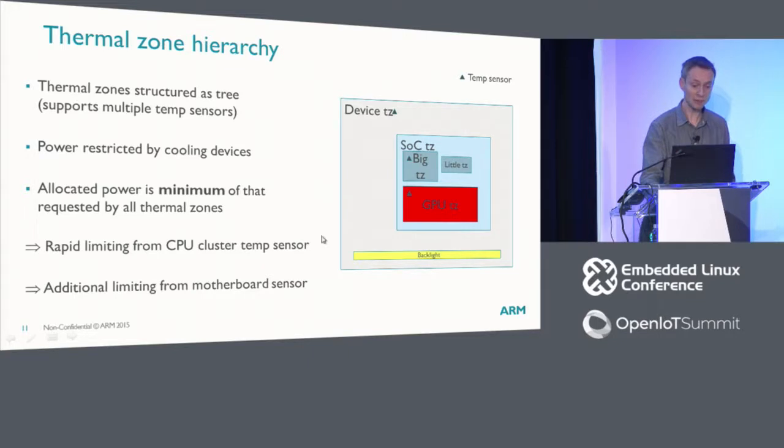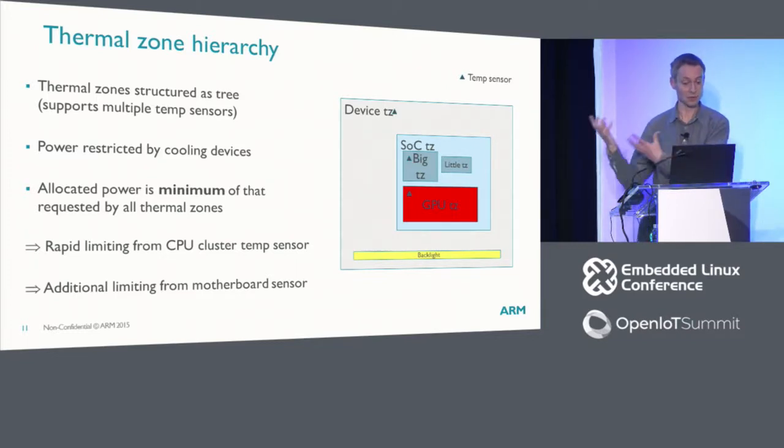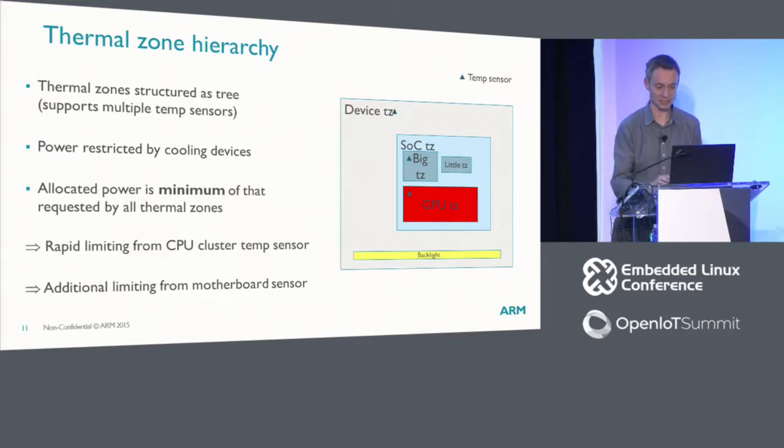And you could also have maybe a device thermal zone, which is your motherboard on your device. And you might have charging circuits and backlights that contribute to the temperature of that as well. So these can all be combined into a hierarchy. And what will happen is the allocated power will be the minimum based on the different thermal zones you have. So it's able to control the SoC temperature and the motherboard device temperature.